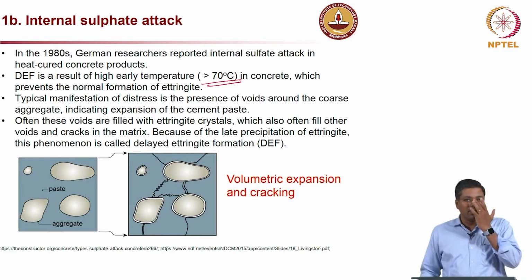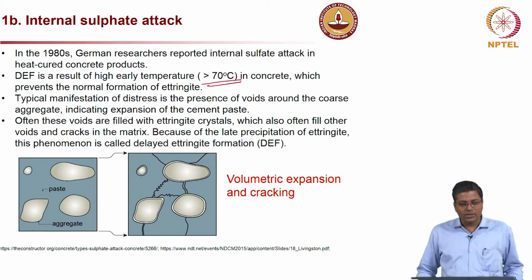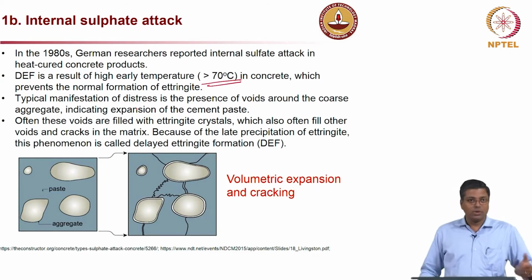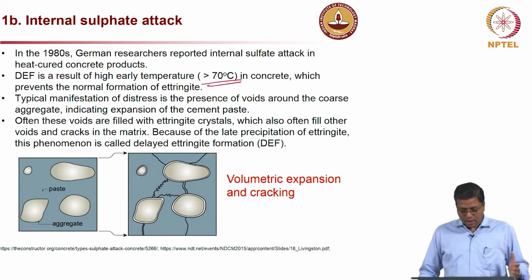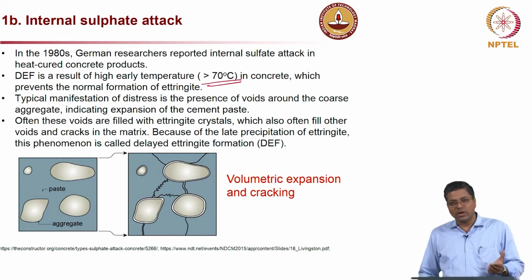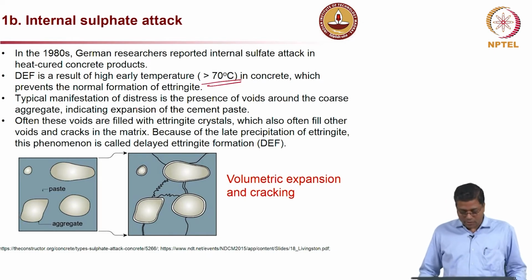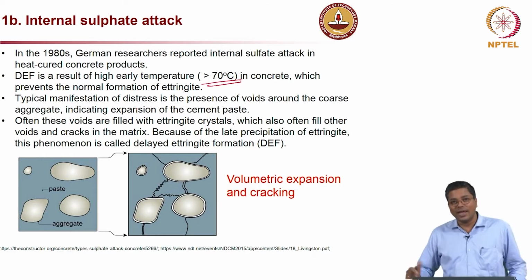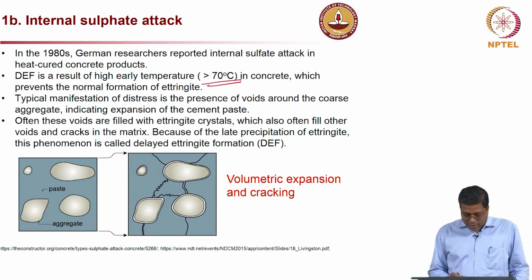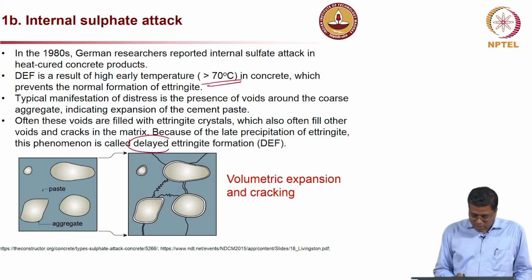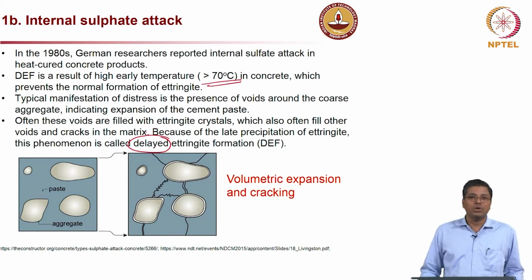But after several years or decades, when sufficient amount of the reactants which we were talking about earlier, moisture, is available, these monosulfates might get converted to ettringite at a later stage. So, we call it delayed ettringite formation, just because it is not happening during the early curing period, but at a much later stage.